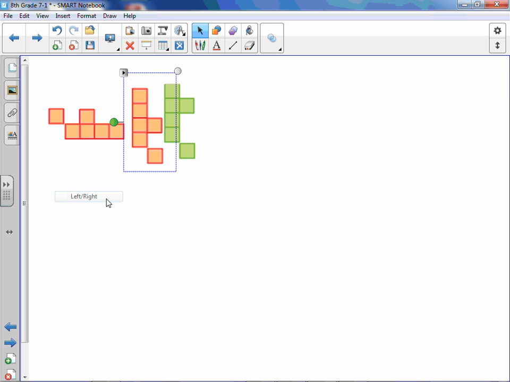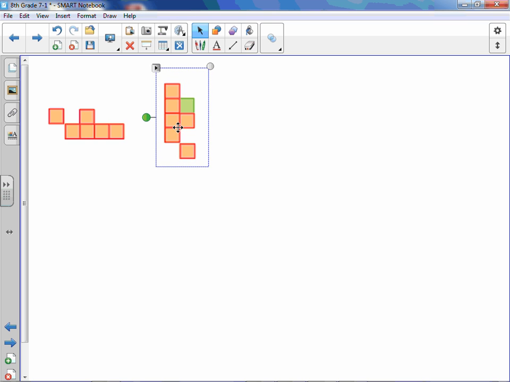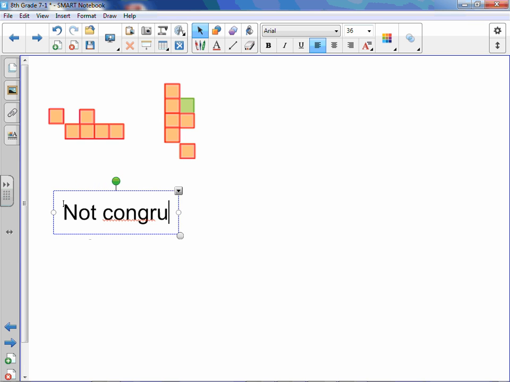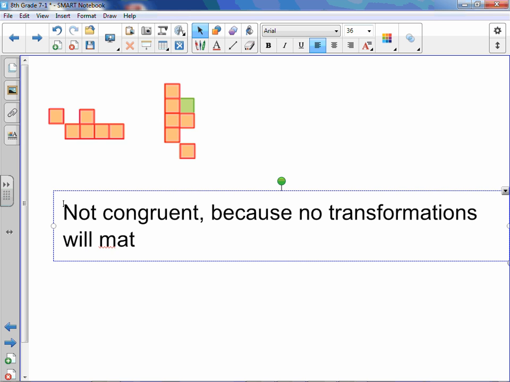It doesn't look like, there we go. Alright, so here again, they're close, but this piece right here will not match up with this piece. So these ones are not congruent. And again, that's because no transformations will match the two figures up exactly.